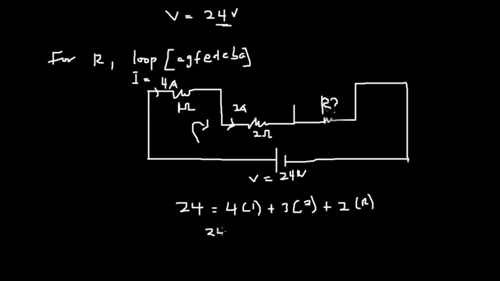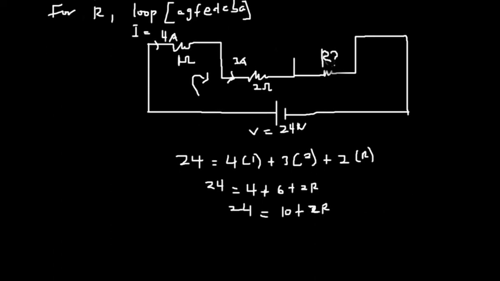We have 24 equals 4 plus 6, plus 2R. So 24 gives us 10 plus 2R.